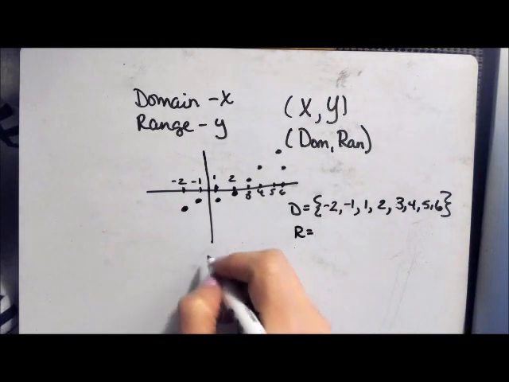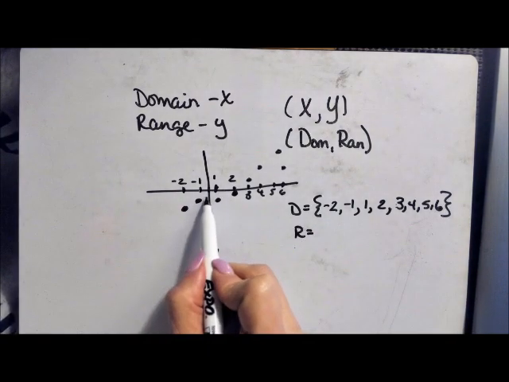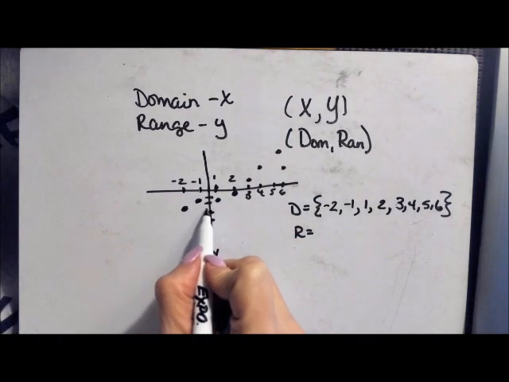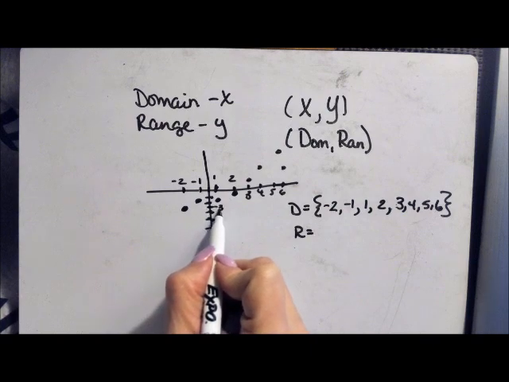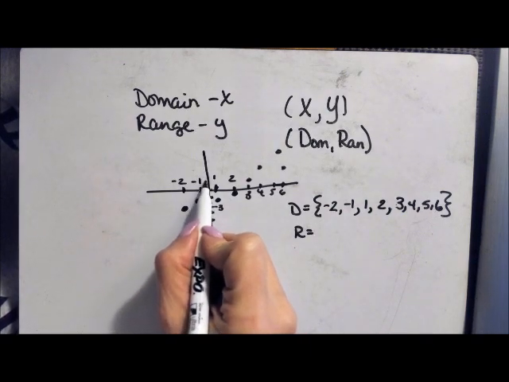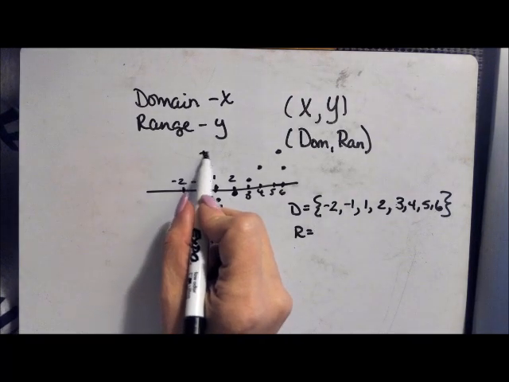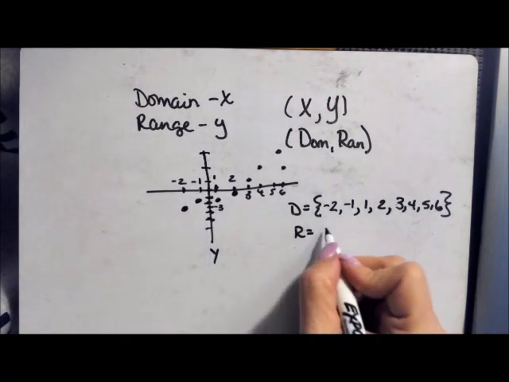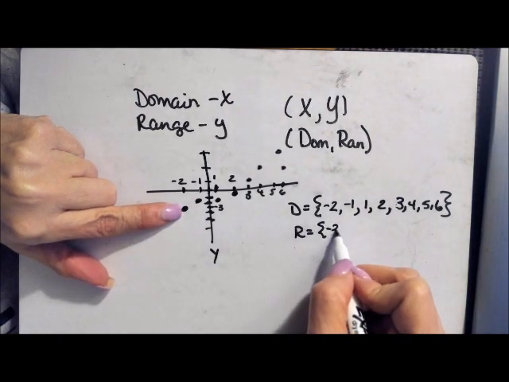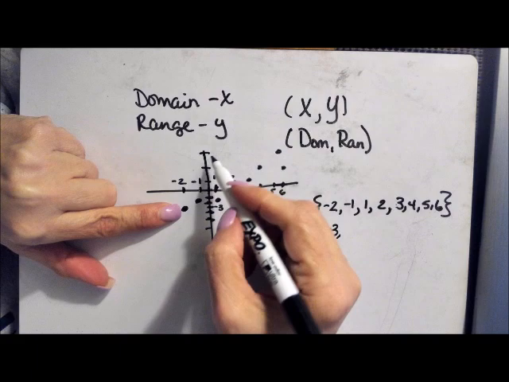The range, I'm going to look at the Y values. So maybe I didn't do a very good job doing those, but we'll say there's one here at -3, -2, -1. We'll call that 0, 1, and on up like that. So I would list out my range. So this is kind of a rough scale one. So let's just say this is -3, and I'm looking at the Y axis.